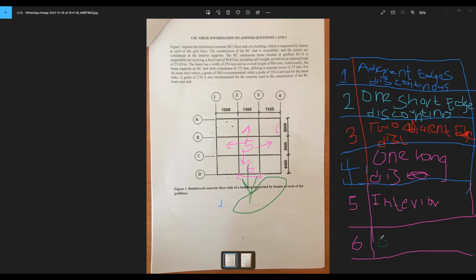So one long edge is discontinuous. Let's continue. Let's go to our panel 7, and panel 7 is here from that arrangement.